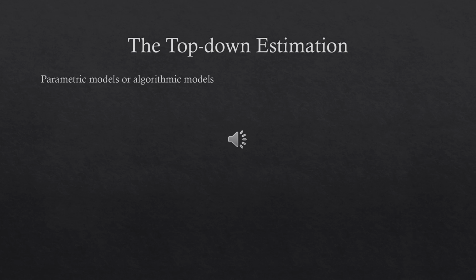The top-down estimation is normally associated with parametric models or algorithmic models. It means that the effort is mainly related to some parameters, or the effort is based on the parameters or variables associated with the characteristics of the final system.